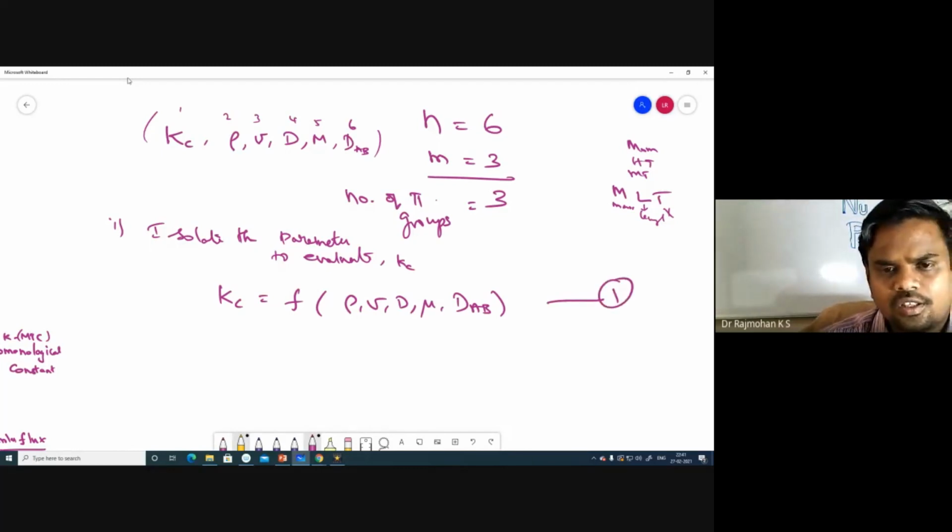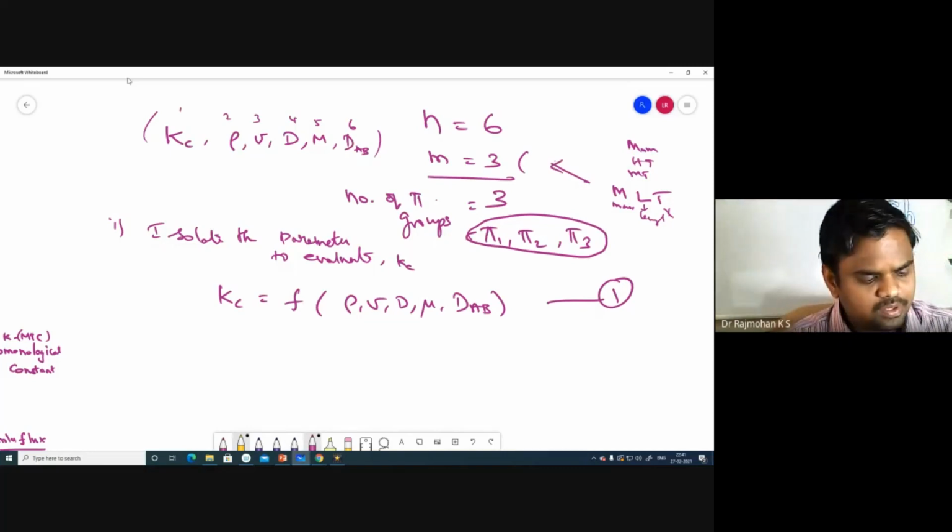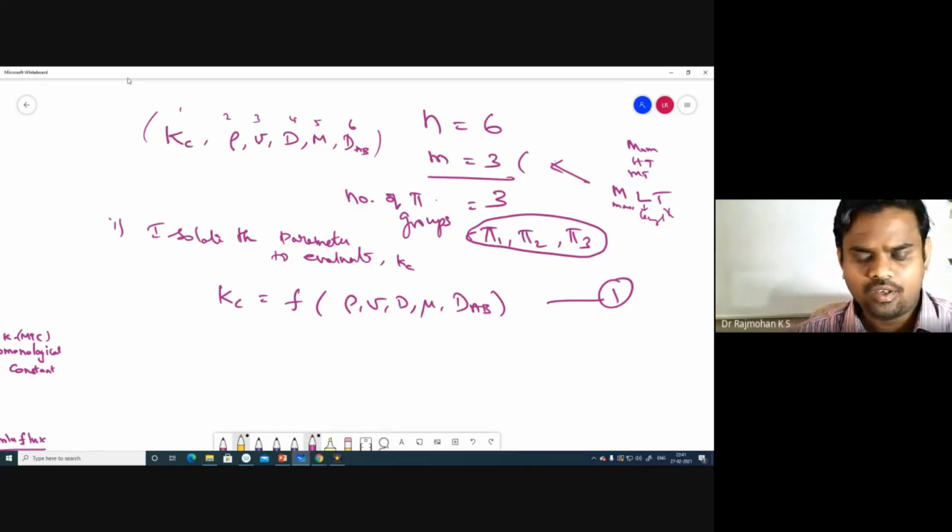According to the second Buckingham pi theorem, how many pi groups can be formed? We can have 3 pi groups: pi 1, pi 2, and pi 3. What is this M value? M corresponds to 3. So we have n minus m, that is, 3 pi groups can be formed.